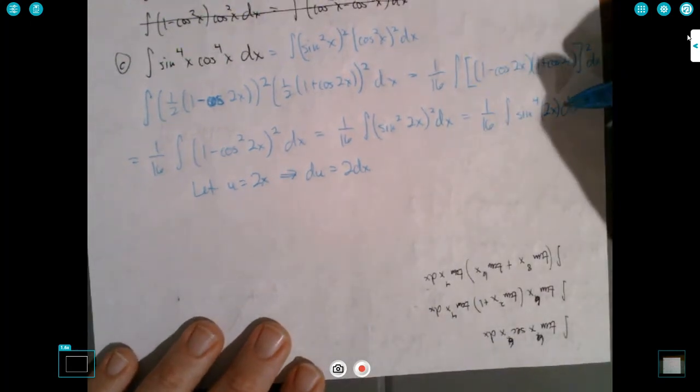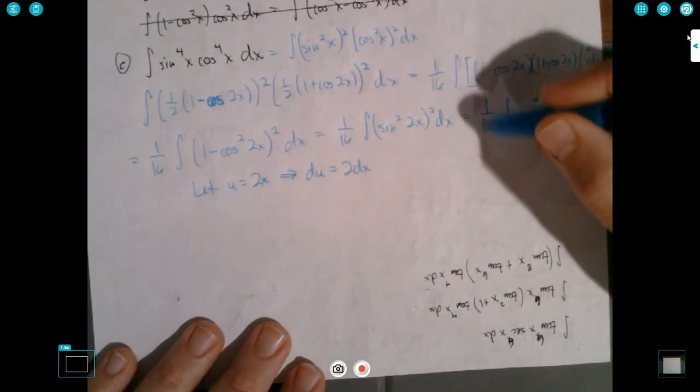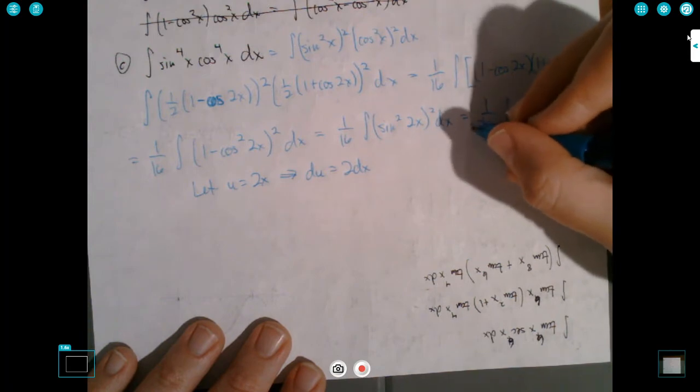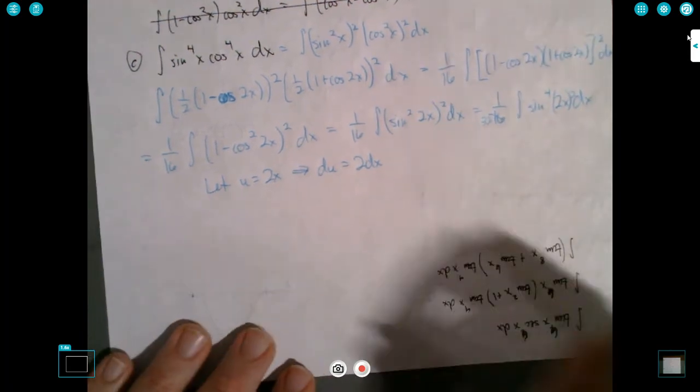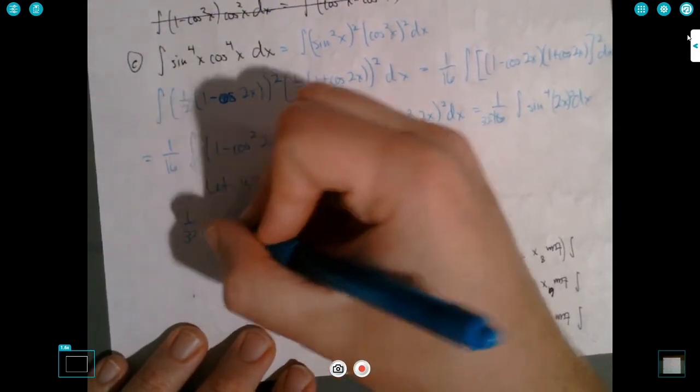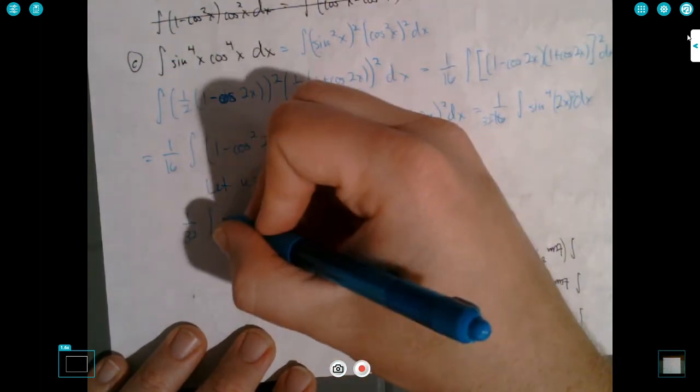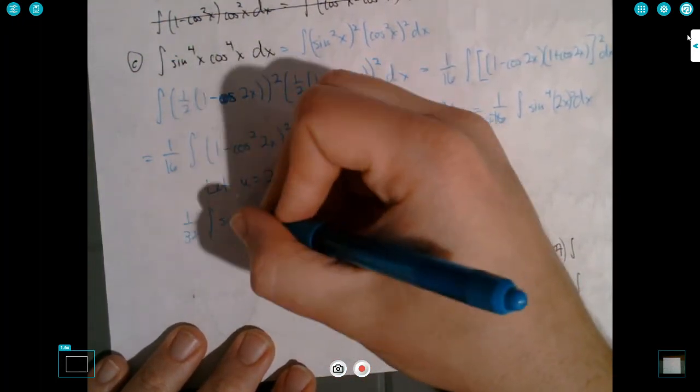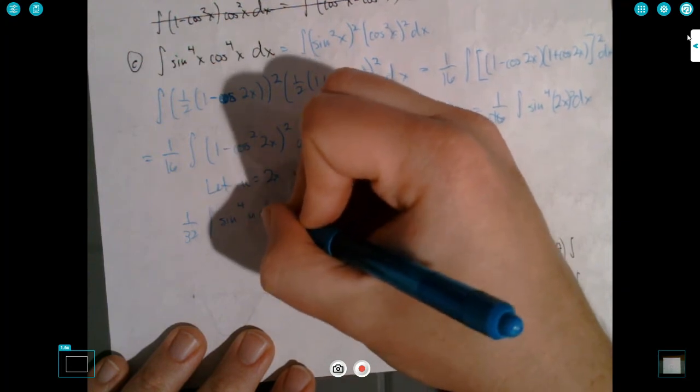And so I can give myself a 2 dx here as long as I offset it with a 2 out there, which will make that a 32. So then I've got 1/32 times the integral of sine to the 4th of u du.